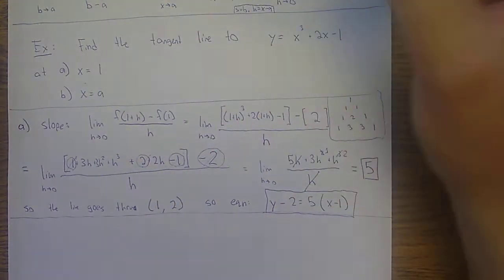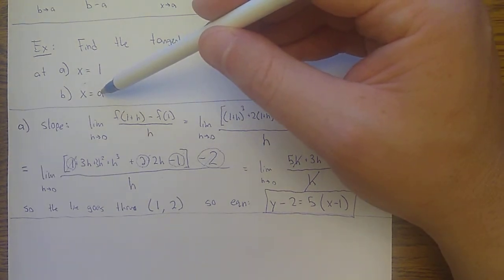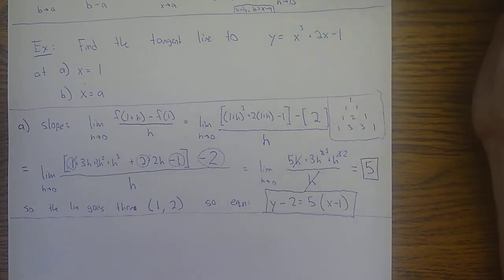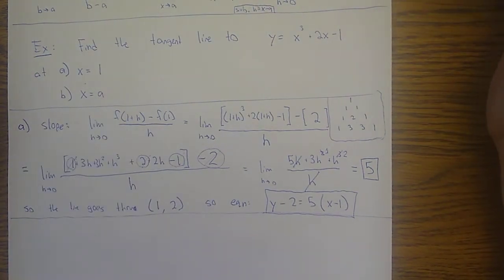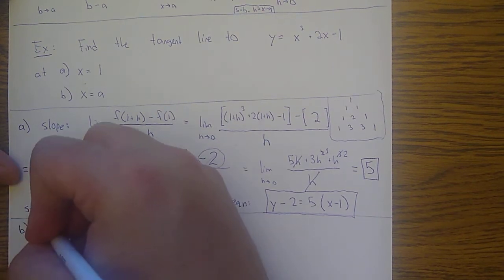So let's try part B. Part B is a little bit harder because we aren't given a specific number for x. It's just x equals a. So let's find the slope.